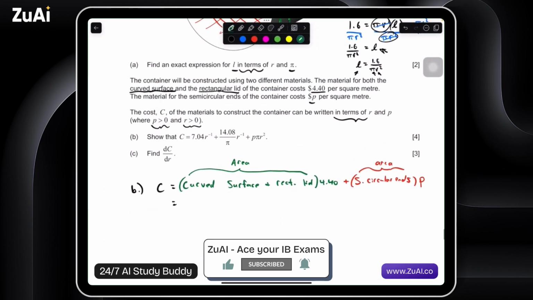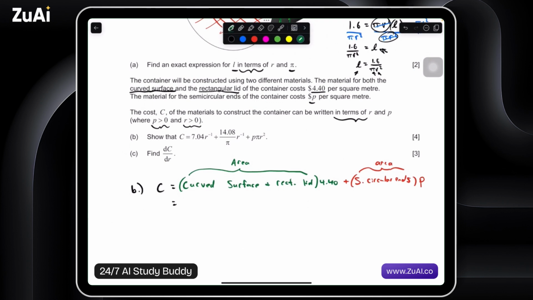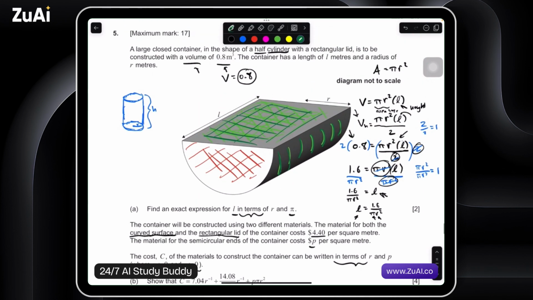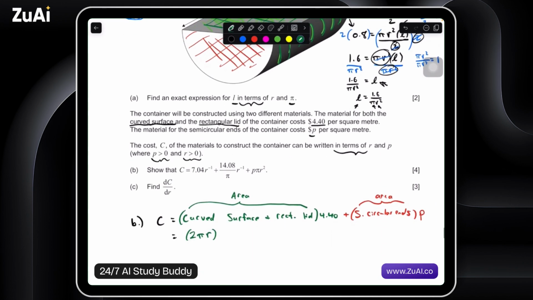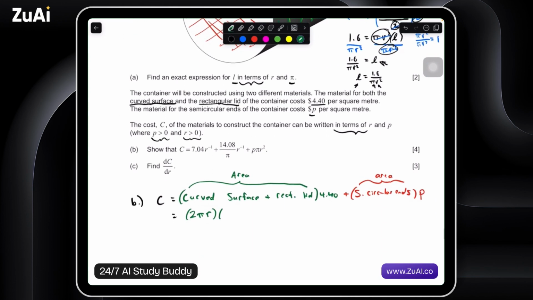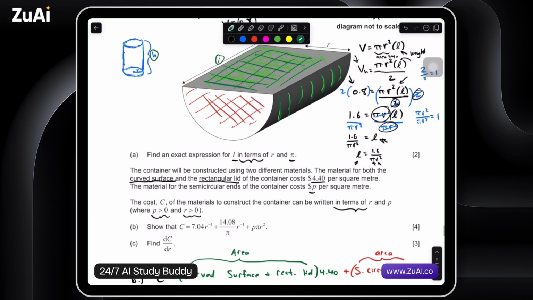So let's write this out. Area is equal to 2 pi r times h. And remember, h in this case is the height, but since our cylinder is itself on the side, this is actually equal to L. That's the curved surface, 2 pi r times L, plus the rectangular lid.